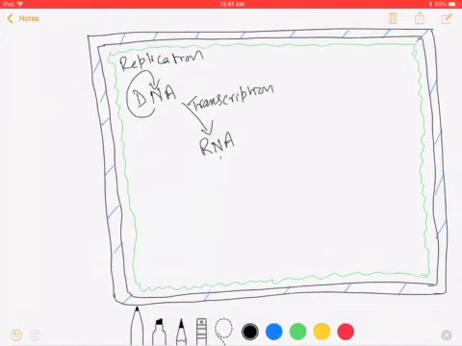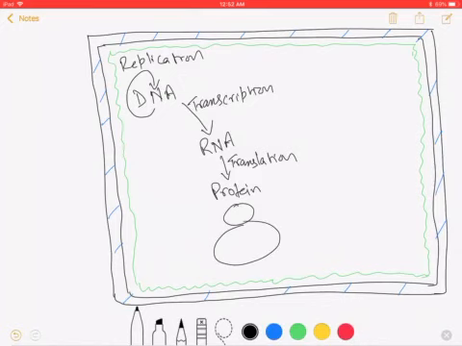And then your RNA forms protein, and this process is called translation. And the protein synthesis happens on something called the ribosome, and the ribosome has two subunits.